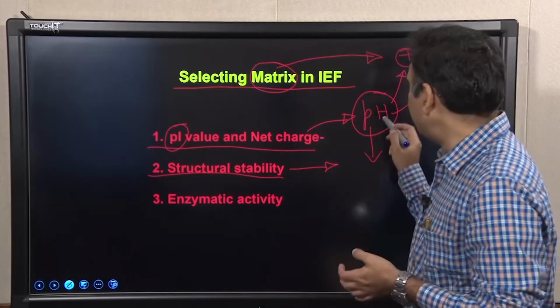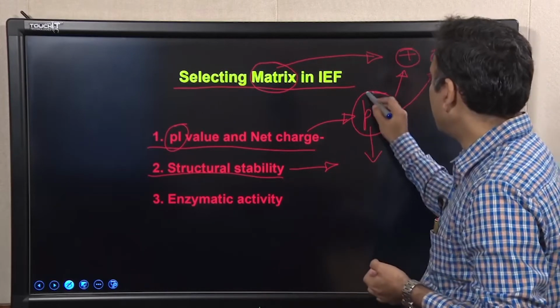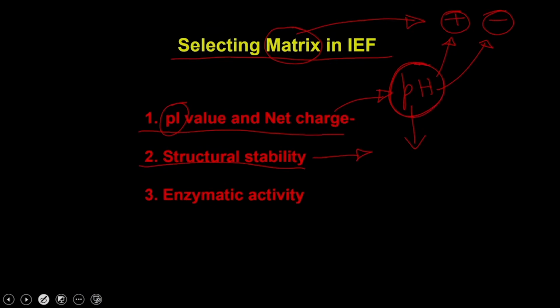So, once you have decided that at this particular pH the protein is going to have a positive charge, and I can use a particular ion exchange matrix, you also have to consider whether the protein is structurally stable or not.